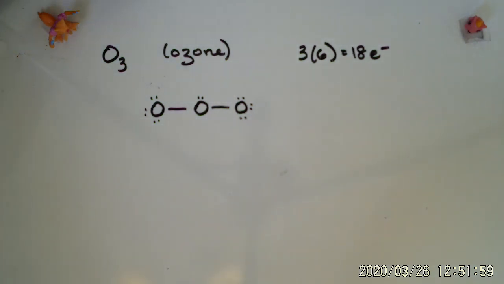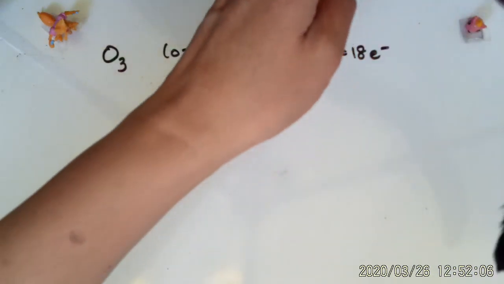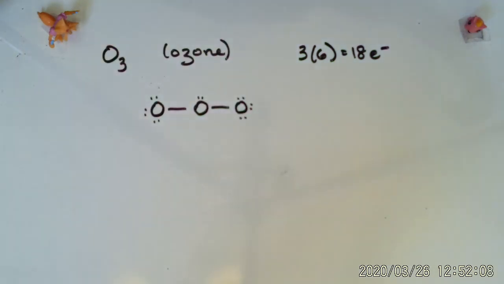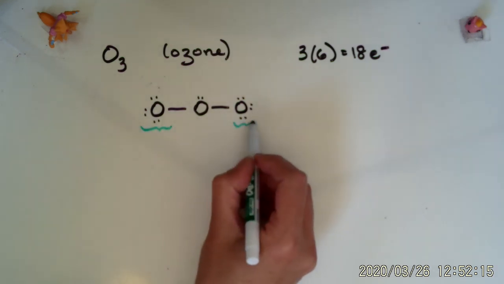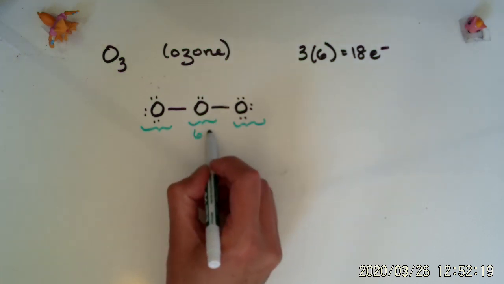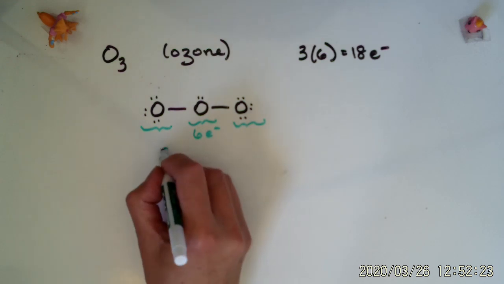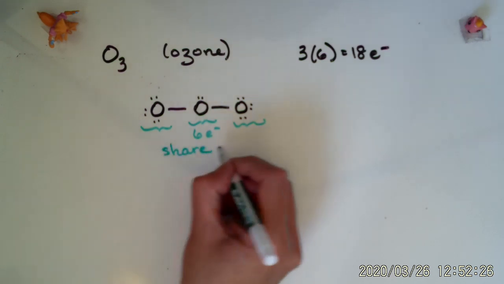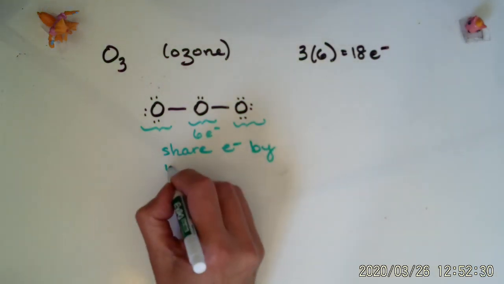But if you now look at each atom, this has an octet, that has an octet, 2, 4, 6. This only has 6 electrons. So since I have too few, I need to share electrons by using multiple bonds.